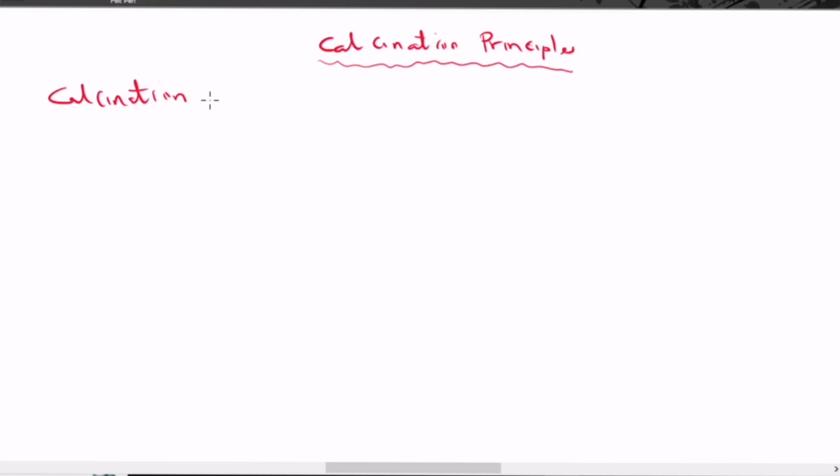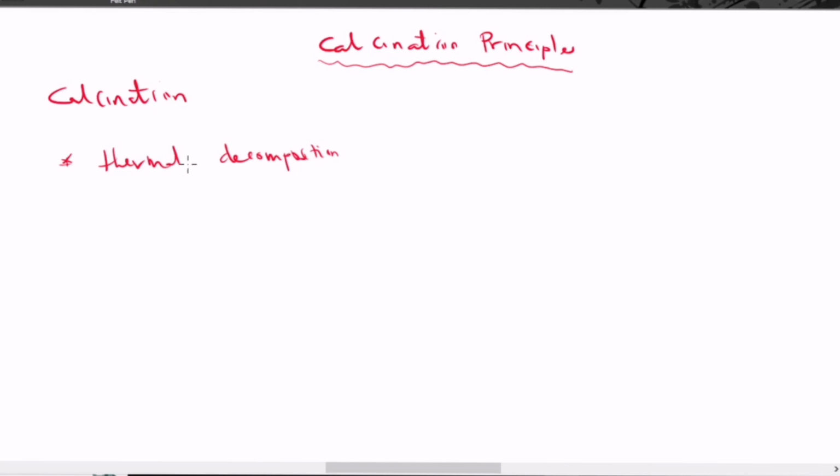So why do we apply calcination? The first reason is thermal decomposition. We apply the calcination process to ore bodies because of thermal decomposition.